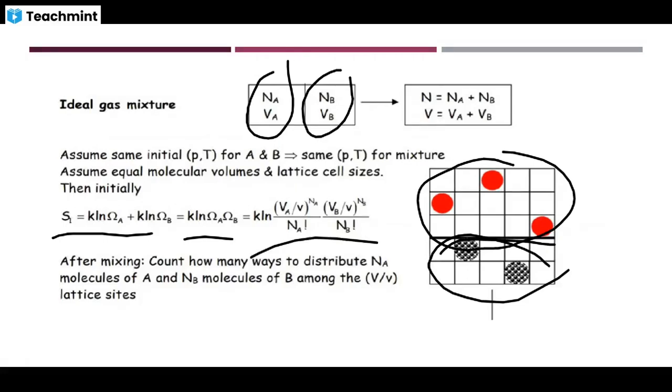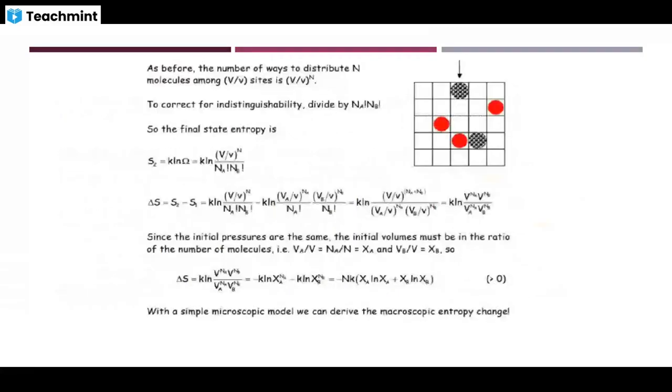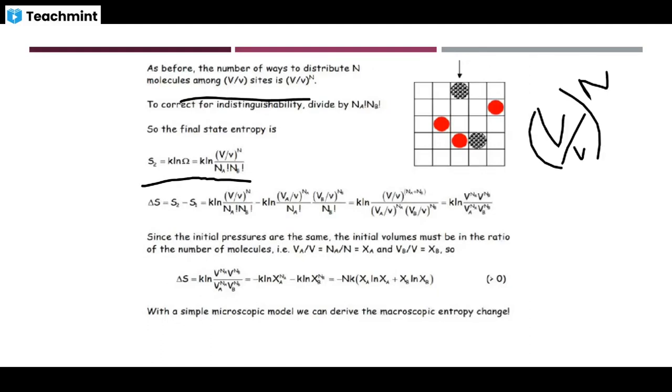After mixing, count how many ways to distribute Na molecules of A and Nb molecules of B among the V by v lattice sites. As before, the number of ways to distribute N molecules among the sites is V by v whole power N. So the final omega is total V by v whole power N divided by Na factorial divided by Nb factorial.